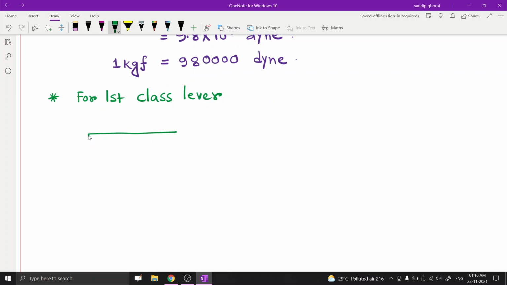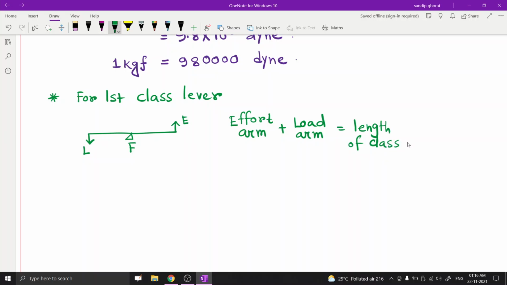Suppose this is the load, this is the position of the fulcrum, and this is your effort. Here effort arm plus load arm is equal to the total length of the class 1 lever.